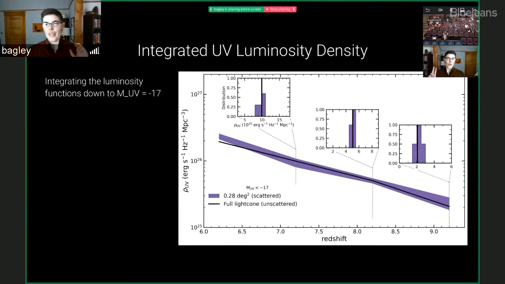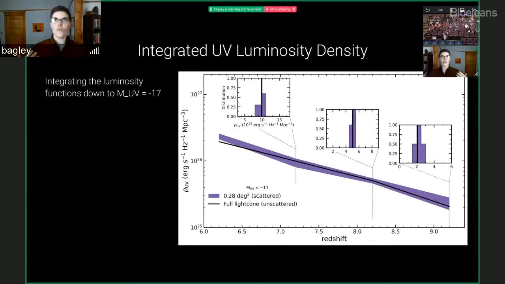The plot is showing rho UV as a function of redshift, where rho UV is on a logarithmic scale, so we've put slices at each redshift bin to show you what that looks like on a linear scale. And you can see that those Roman values have some scatter, but they hug the true value, they bracket the true value quite well.